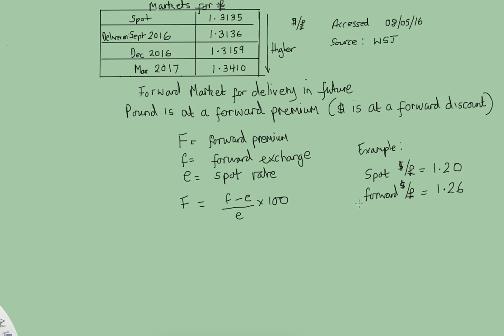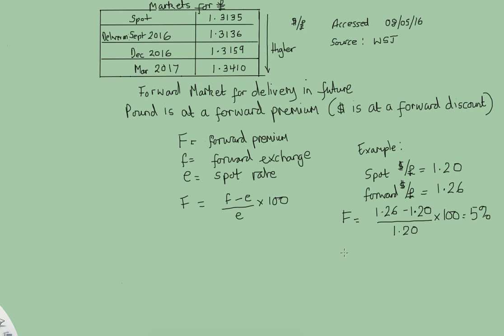Then using this formula, the forward premium on the pound, of course 1.26 is bigger than 1.20, would be 1.26 minus 1.20 divided by 1.20 times 100. As you can probably imagine, it's not that hard. So this is 5%. So we would say the pound is at a 5% forward premium if this is for 90 days.